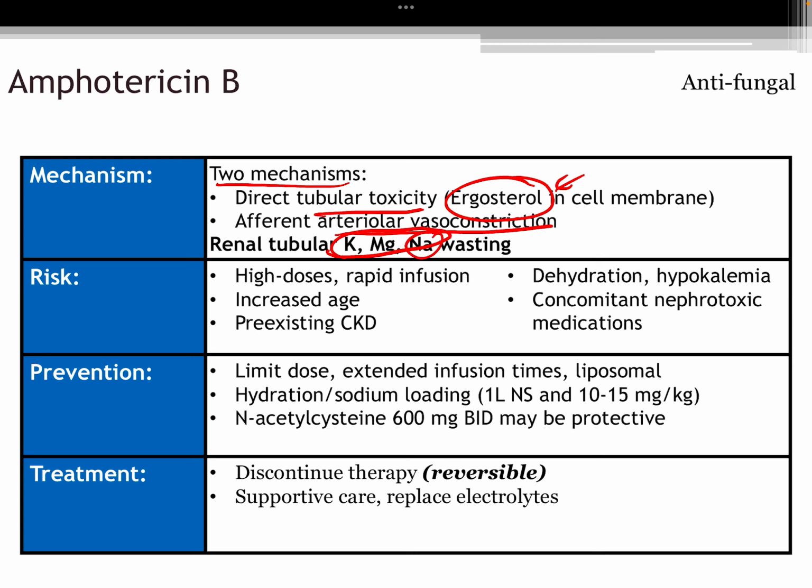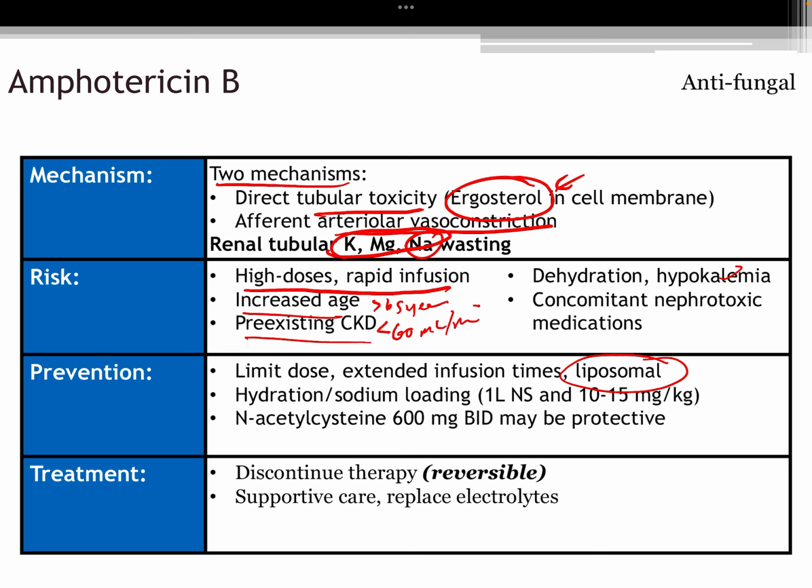And the risk factors here are really related to dose and the type of injection, with high dose rapid infusion and non-liposomal injections being higher risk. And so the liposomal injection is one way to reduce your risk. Most hospitals do just use the liposomal injection, so that's pretty easy. Increased age and pre-existing CKD. You can assume that these are greater than 65 years and less than 60 mLs per minute.